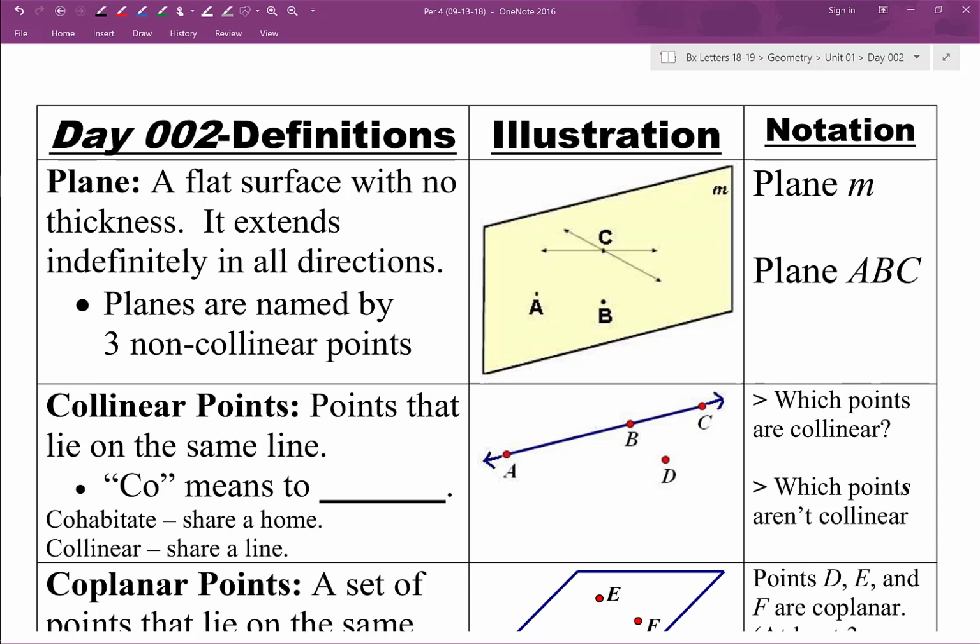You have the notes from yesterday? Let's find it right now. Okay. Oh my goodness. We gotta get you organized. Relax.